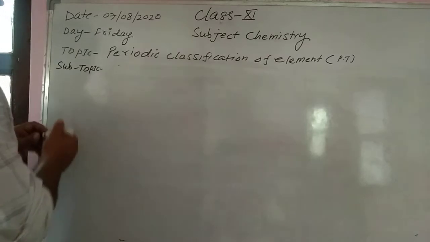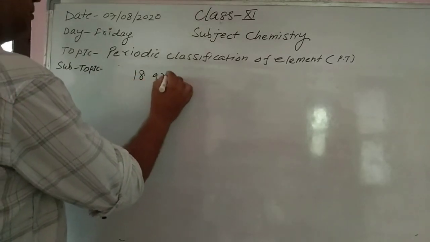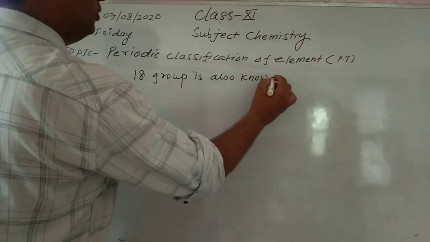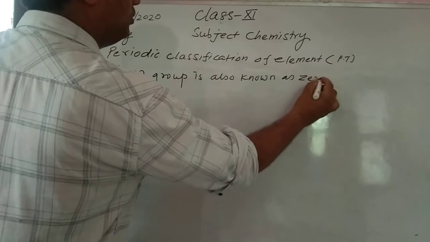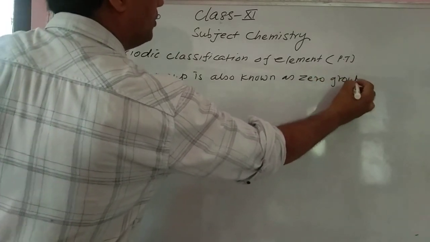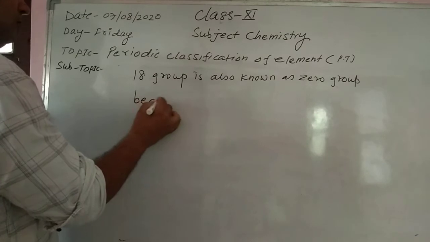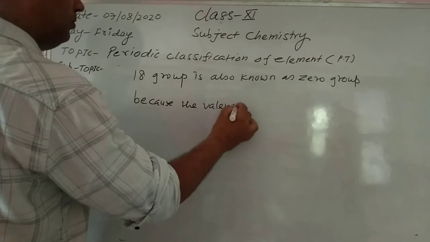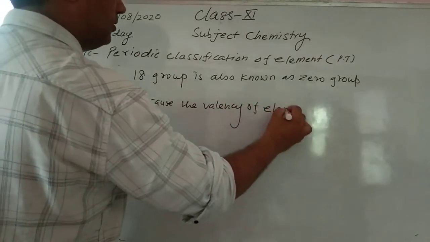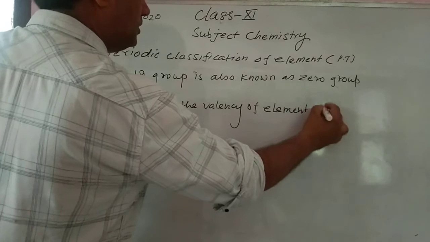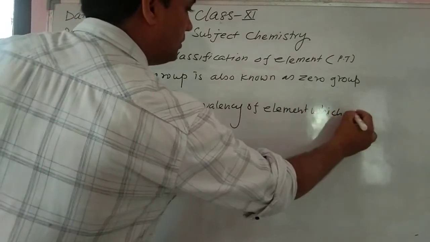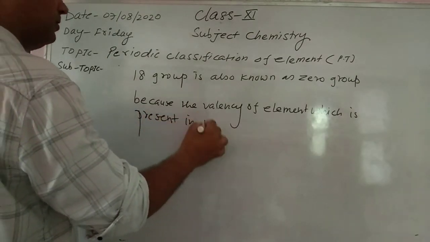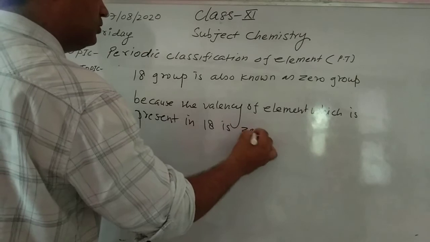Group 18 is also known as the zero group because the valency of the elements present in group 18 is 0.